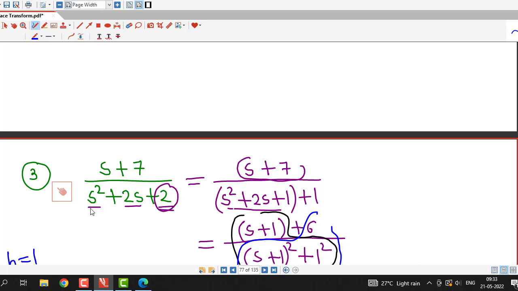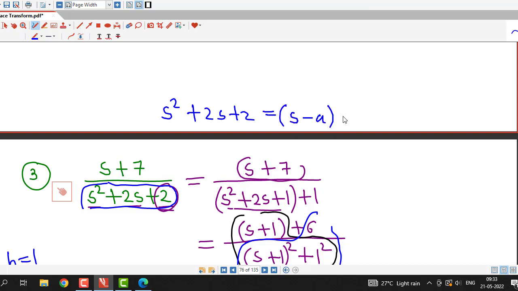Remember that this factor is of second degree and we cannot write this factor as a product of two linear factors, s minus a into s minus b. It is not possible to write in this way. So that type of factor is called an irreducible factor.